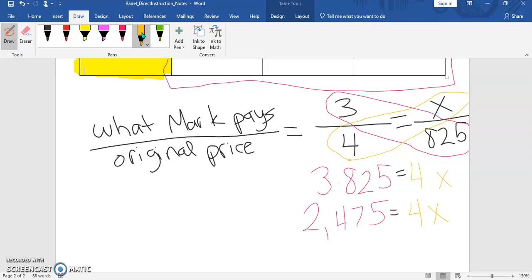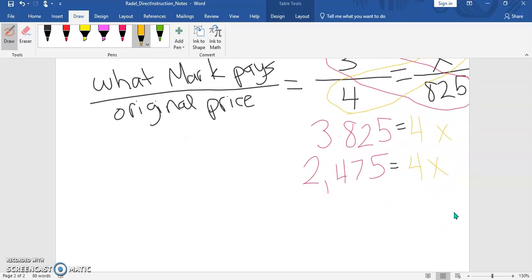4 times x. And now, like I said, we don't know what Mark pays because that's x. We know what Mark pays times 4. So let's use the opposite operation of times or multiply to get x all by itself. The opposite of multiply is divide.